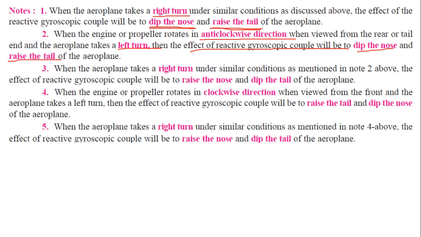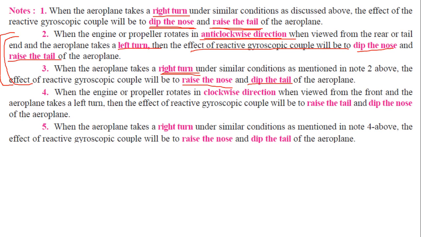And when the aeroplane takes a right turn, with the same anti-clockwise direction but with respect to a right turn, the effect of the reactive gyroscopic couple will be to raise the nose and dip the tail.